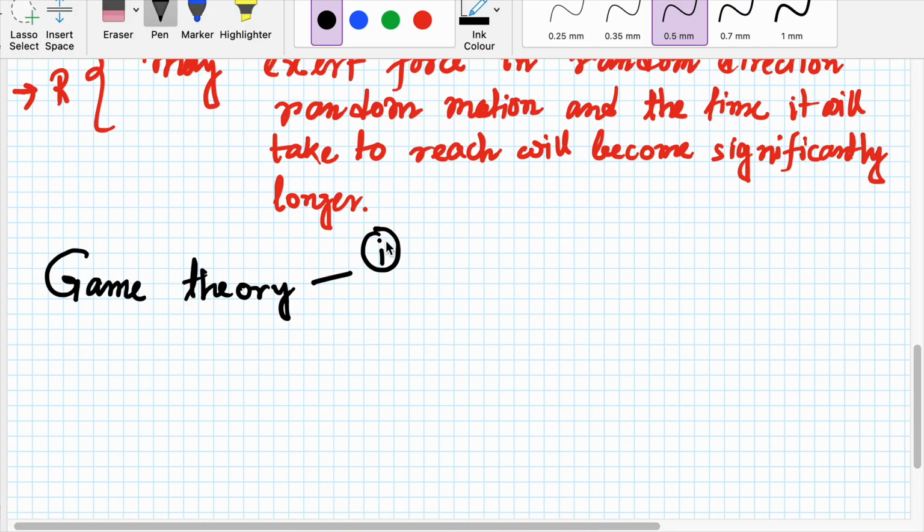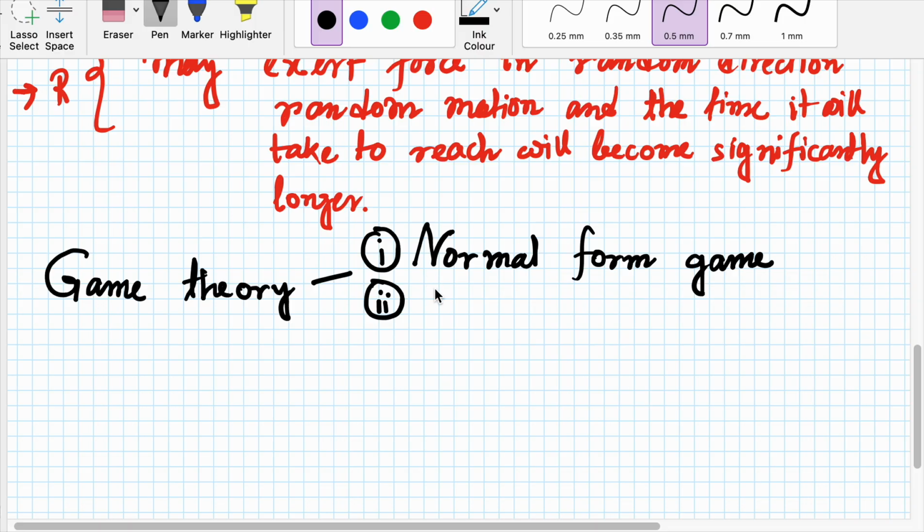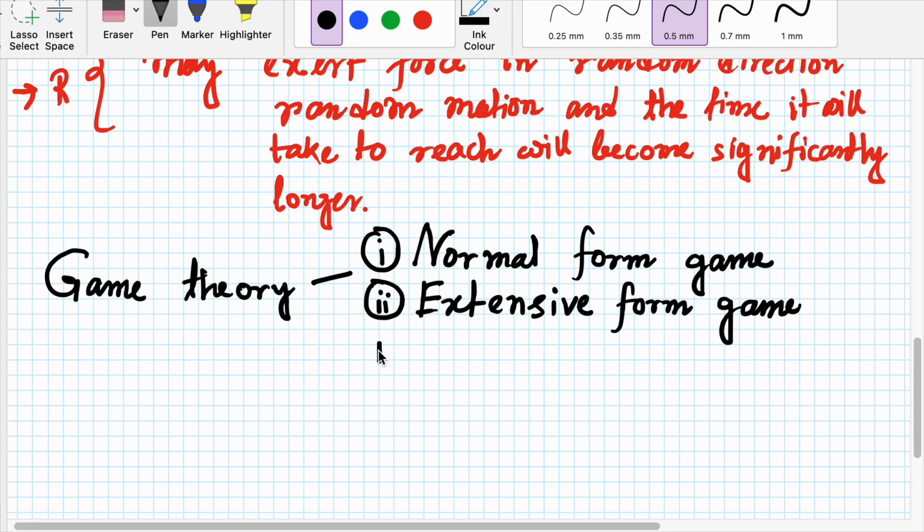One is normal form game. Second is extensive form game.